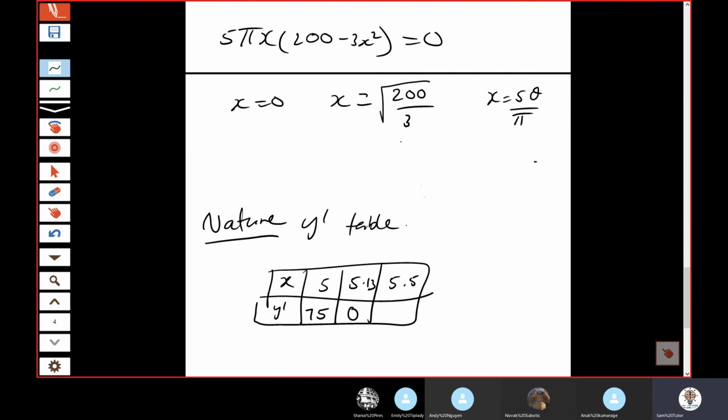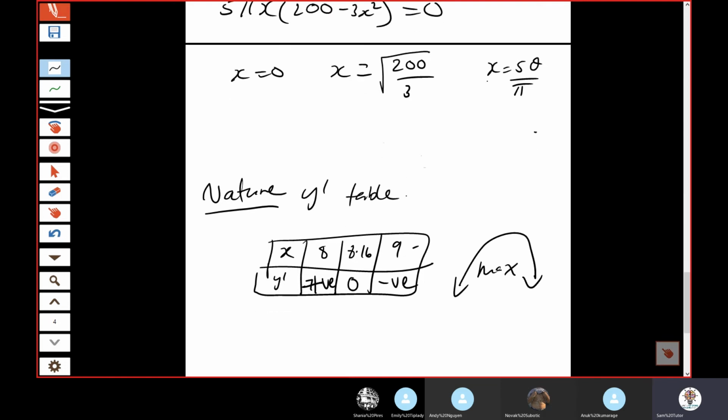You'll do your maximum for that, which is now 8.16, so you'll choose 8 and 9. And obviously this one's going to be positive, this one's going to be negative, which means it will be a max, which is great.